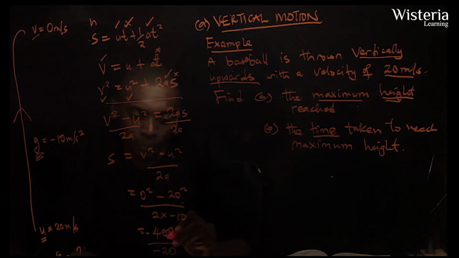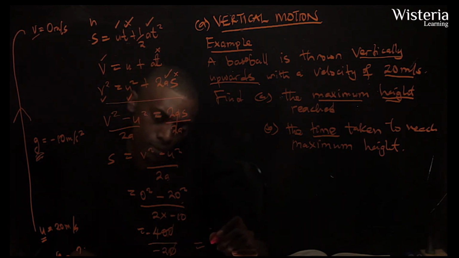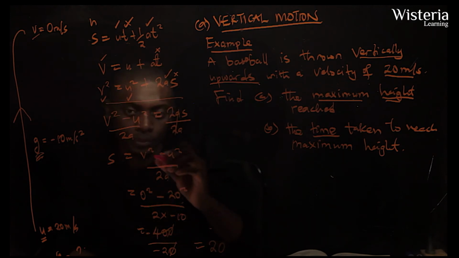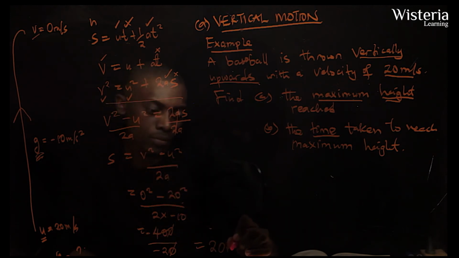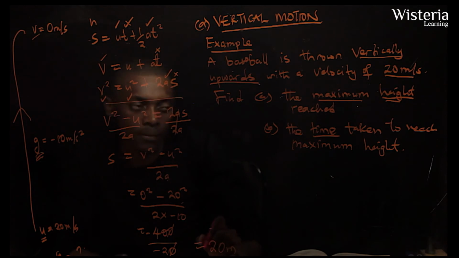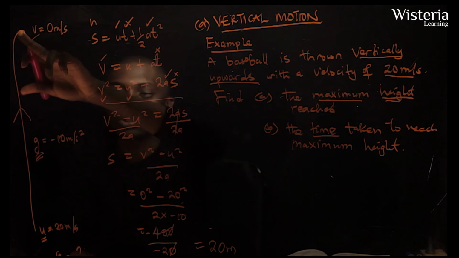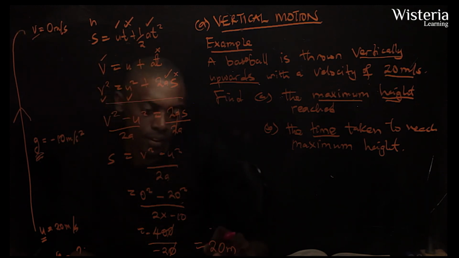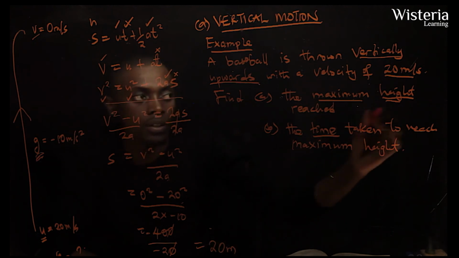Therefore, negative 400 over negative 20, 20 into 400, will give us positive 20. And since this is height, this is the maximum height reached by this object as it was thrown upwards. So the total vertical height covered is 20 meters. So that's how we can solve for this one.